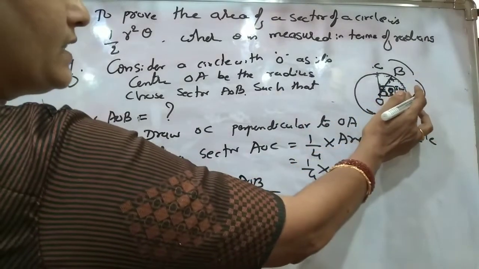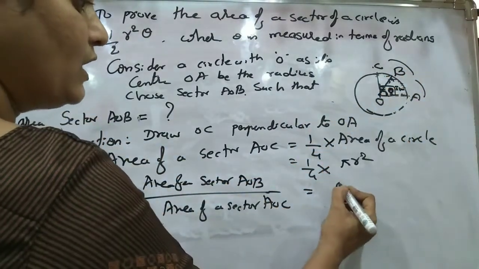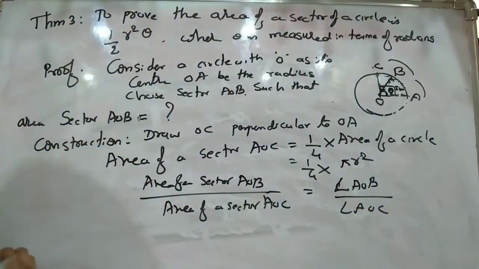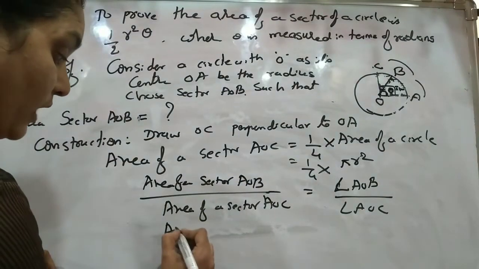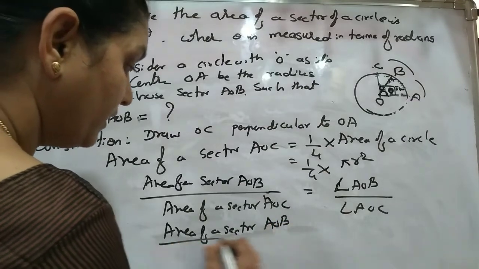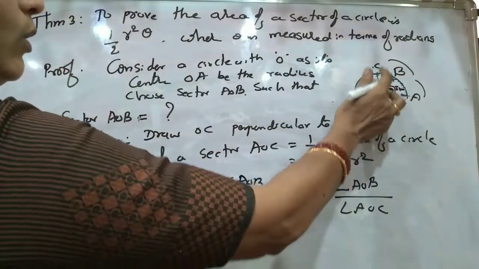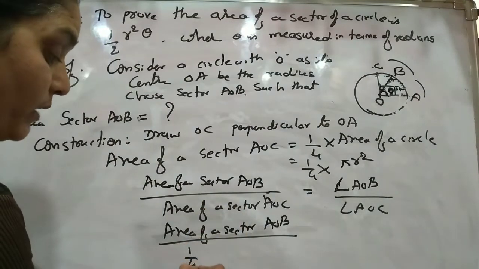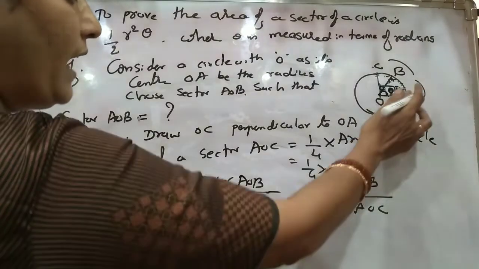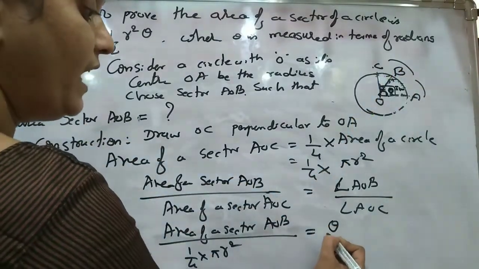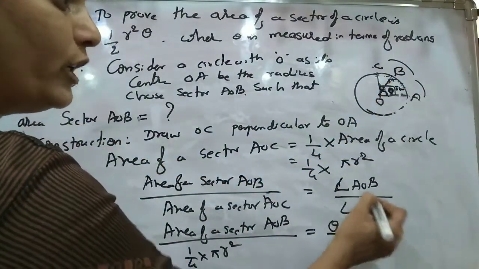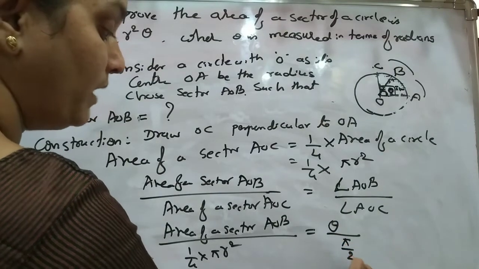Then this sector makes an angle theta at the center, so it is angle AOB divided by angle AOC. Area of sector AOB, that we want, so I keep it as it is. Area of sector AOB divided by area of sector AOC, this is 1/4 into pi r square. Angle AOB is theta radians. Since I have considered this in terms of radians, this also I write as pi by 2 only, not 90 degrees.